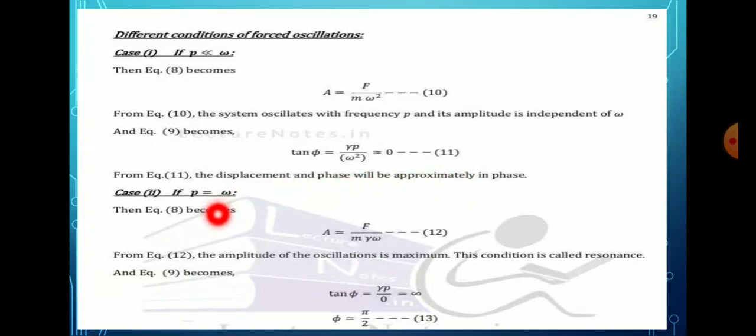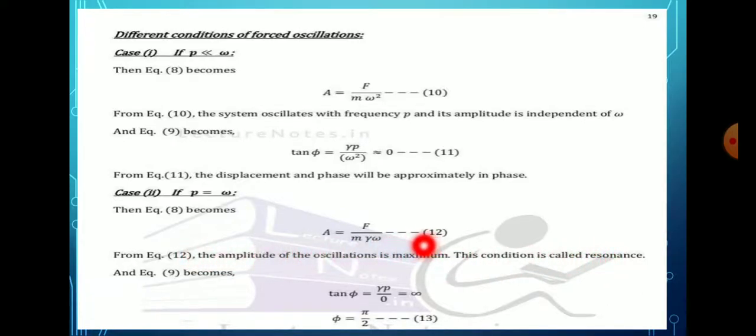Then case 2: if p is equal to omega, then A is equal to F divided by M R, damping coefficient, omega. That is equation number 12. In equation 12, the amplitude of the oscillation is maximum. This condition is called resonance.